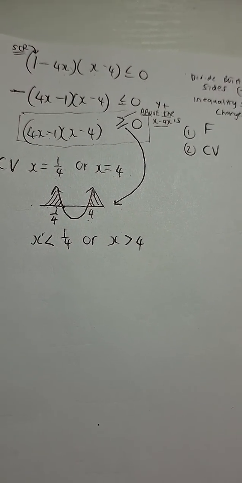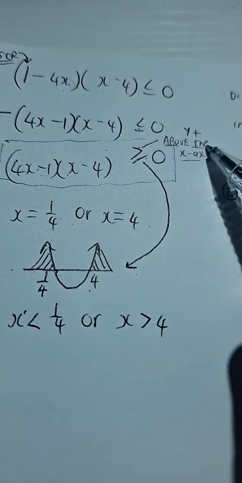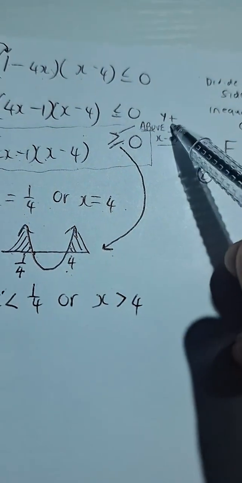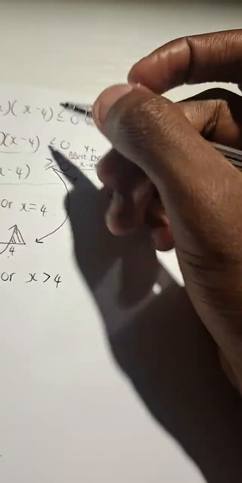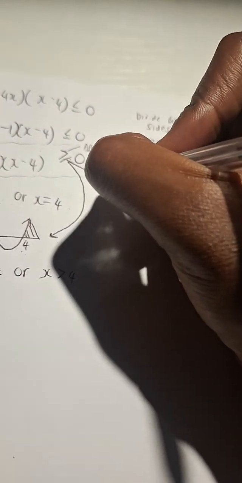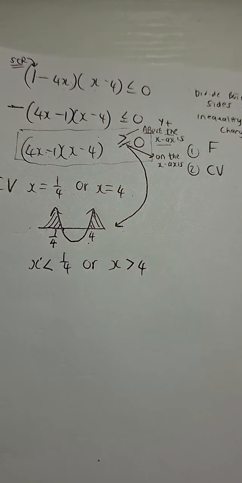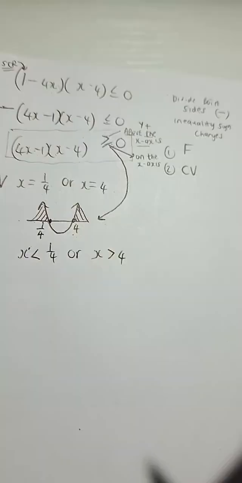But that is not the only thing that we see here. It's not only greater than 0, meaning above the x-axis, where y is positive. We also know, according to this equal sign that is here, it is also on the x-axis. So where is the function on the x-axis?